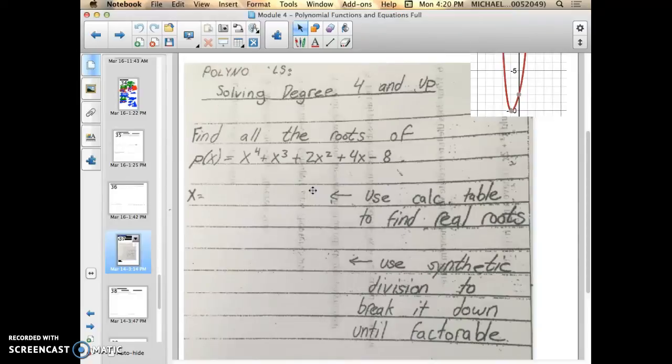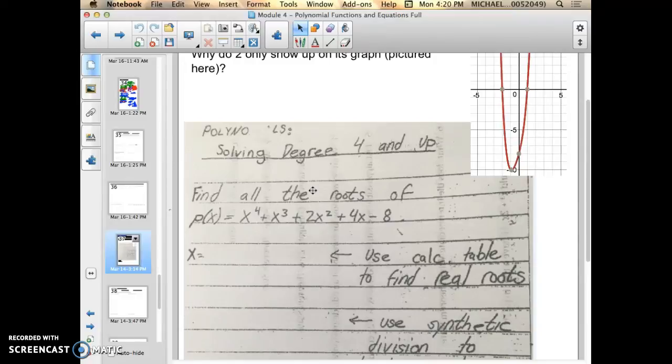I know I'm looking for 4 solutions based off of the fundamental theorem of algebra, and so I need to go through the process of finding all 4. The first solutions I'm going to find, because they're real, I'm going to use the calculator to find the real roots. That will always be the second step technically. The first is to consider how many solutions exist. So the second step is to use the calculator to find the real roots.